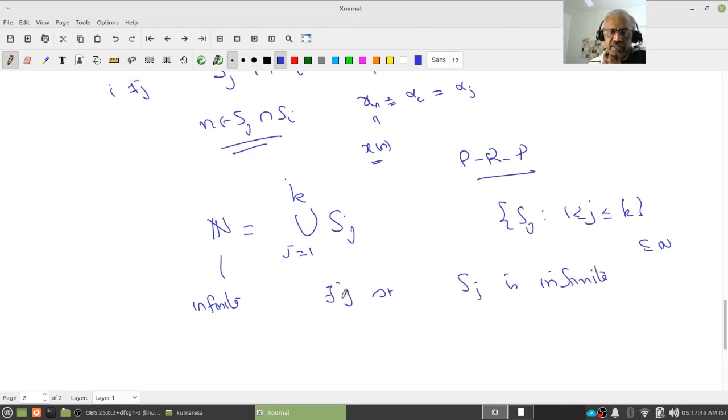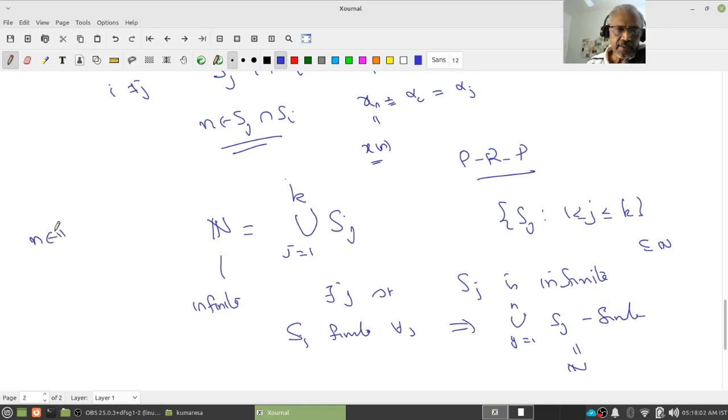If all S_j's are finite, the union of finite sets, a finite union, will be finite, but that is equal to N, because you give me any n in N, then x_n must be alpha j for some j, right? Therefore that n must be in S_j. You understand why this equality? We know this is contained in N, but N is also contained in this, so these are equal.